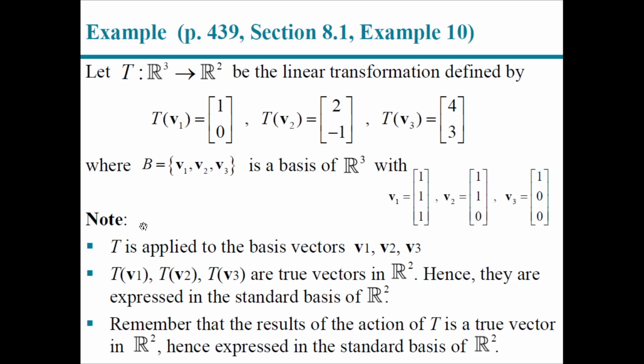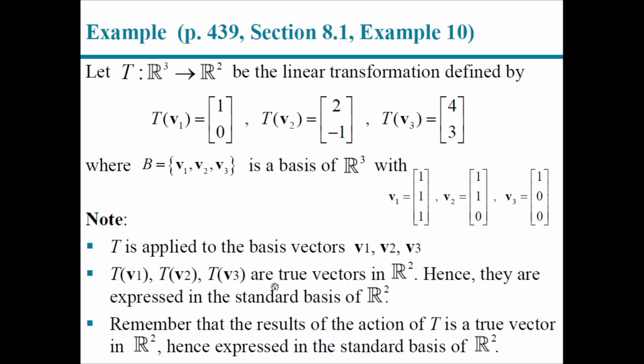So, reminder, the linear application works on objects, and it was applied to the basis vectors V1, V2, V3 that are given here from the basis B. So these are the objects, the real true vectors from R3. We applied the linear transformation to them, and what we get is the image, which are the true vectors of R2, the real objects, true vectors, not coordinates.